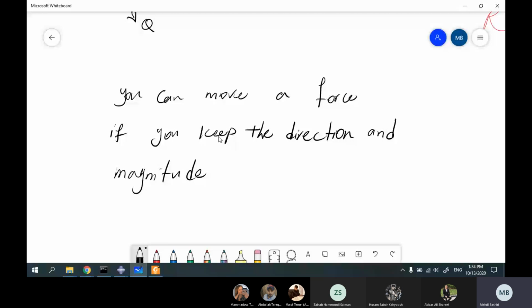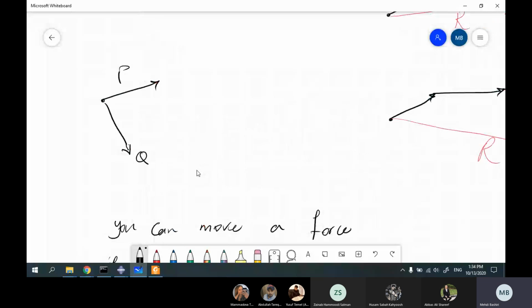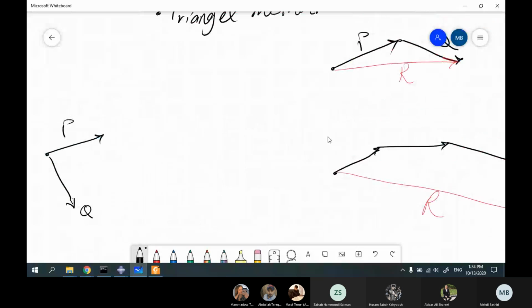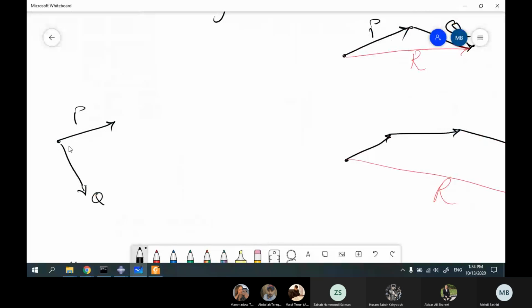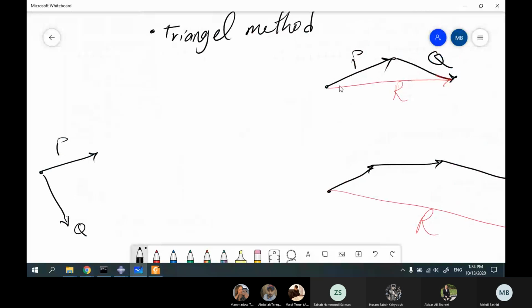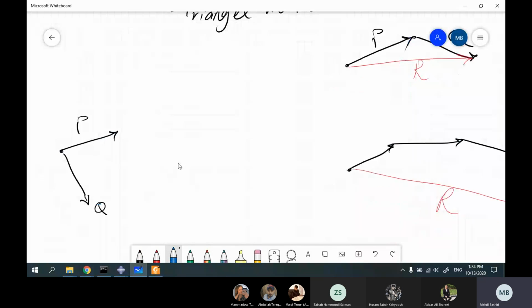You can move a force if you keep the direction and the magnitude. What does it mean? I need to find a condition such that, if I want to use the triangle method, the first point of the second force is at the end point of the other one. So in this case, I need to move the force.